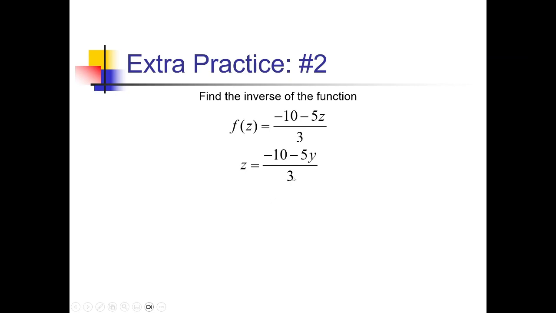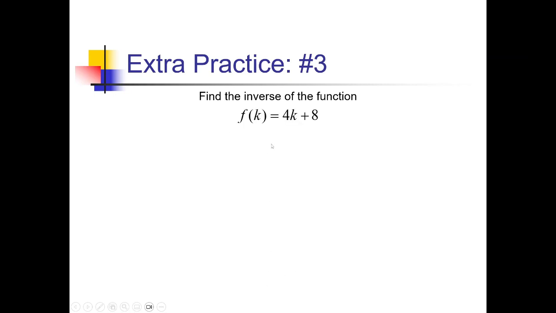And then if I multiply both sides by 3, that would be another good step to get y by itself. So 3z over there. Add 10 to both sides, so that's 3z plus 10. And then divide both sides by negative 5. So I'll write this as f inverse of z equals 3z plus 10 over negative 5.